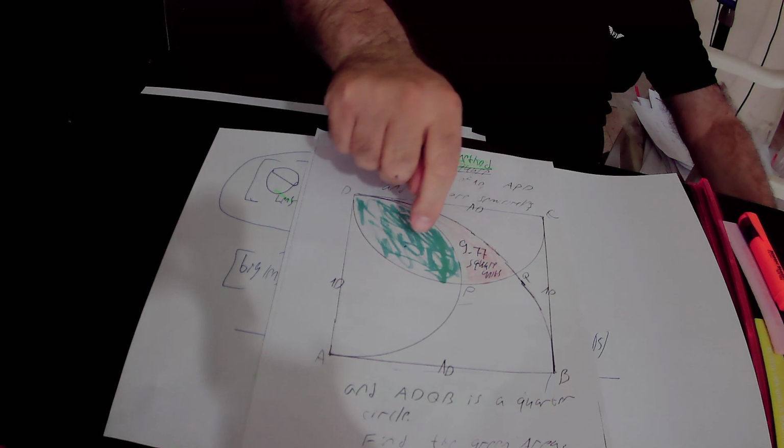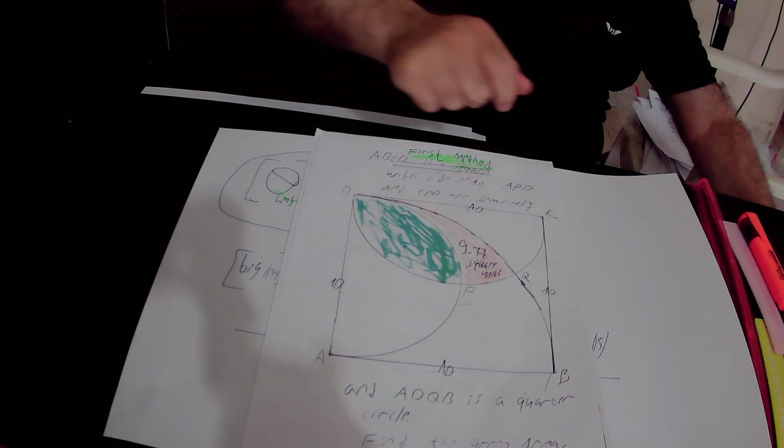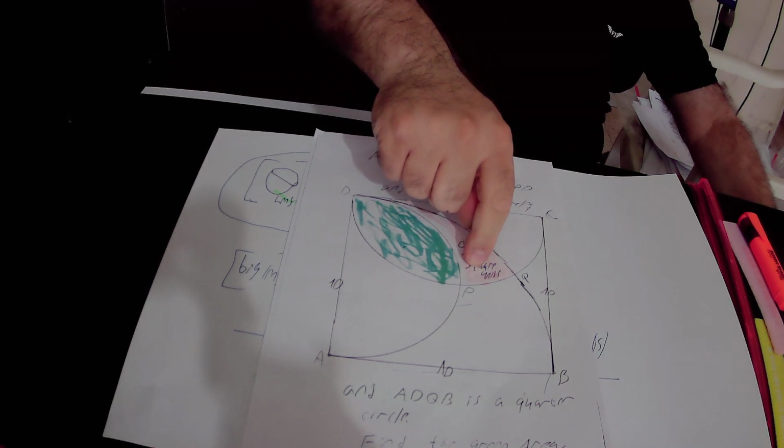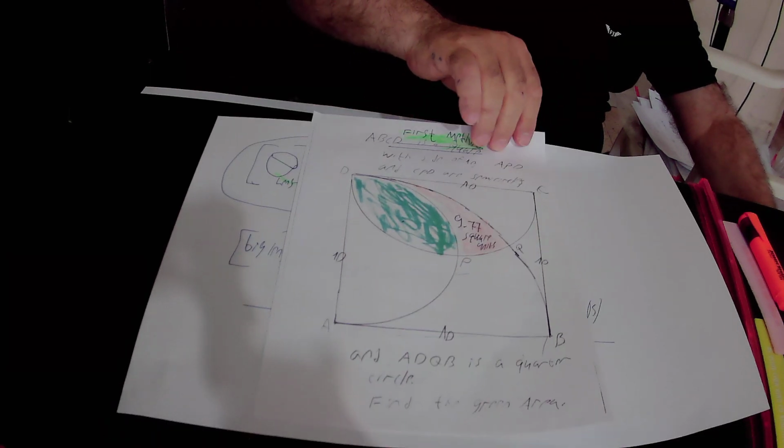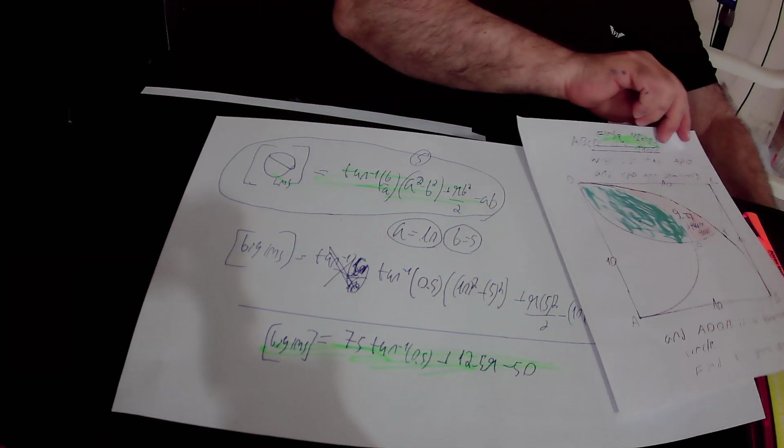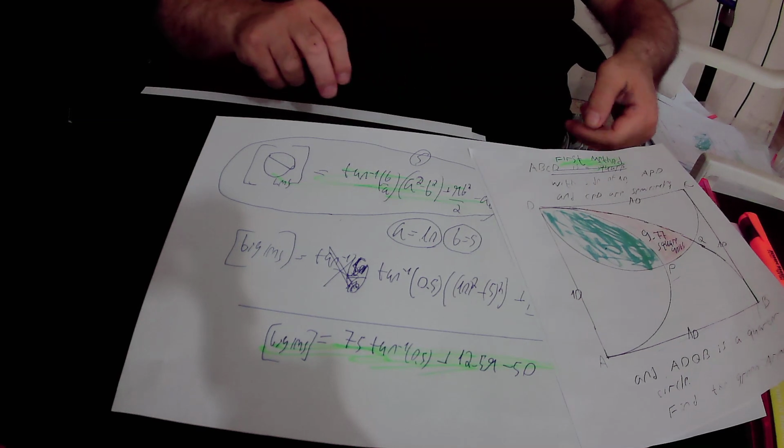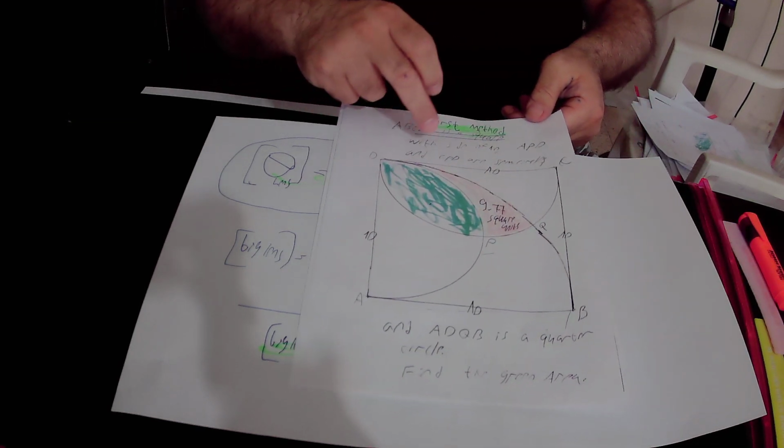Then we'll find out the area of the blue lens. We'll subtract the two areas from each other, and this will give us the area of the orange shape that we are looking for. So first of all, we found out the area of the big lens.